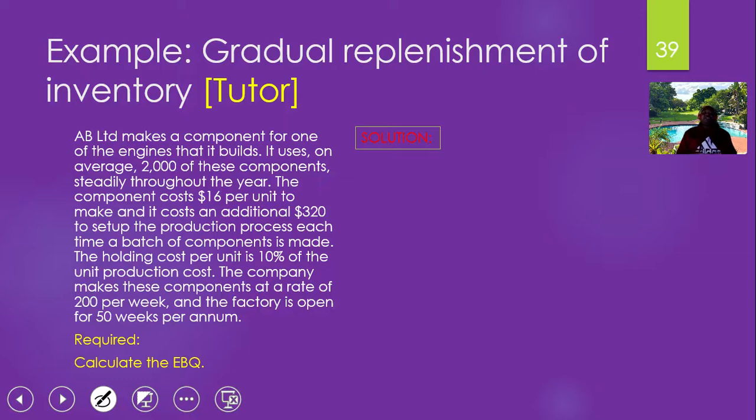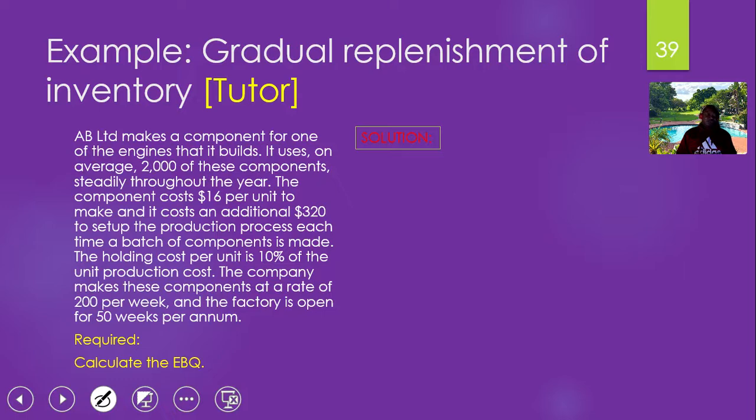So there is a question where we are required to do some computations. AB Limited makes a component for one of the engines that it builds. It uses on average 2,000 of these components steadily throughout the year. The component costs $16 per unit to make, and it costs an additional $320 to set up the production process each time a batch of components is made.